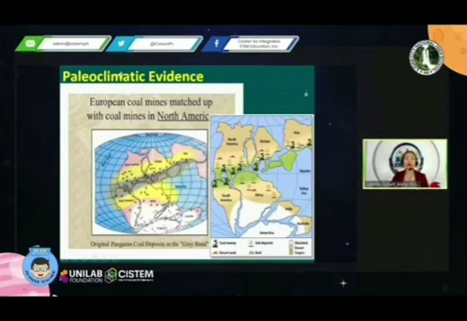Now, these coal beds or coal deposits were formed through the compaction and decomposition of swamp plants that lived millions of years ago. So these coal deposits were discovered in these continents. Even in South America, Africa, Indian subcontinent, Southeast Asia, and even in Antarctica.